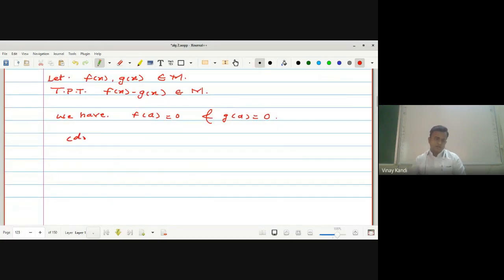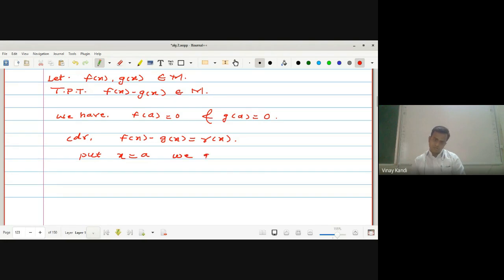So consider f of x minus g of x, after subtracting them we get some element r of x. Okay, so put x is equal to a.